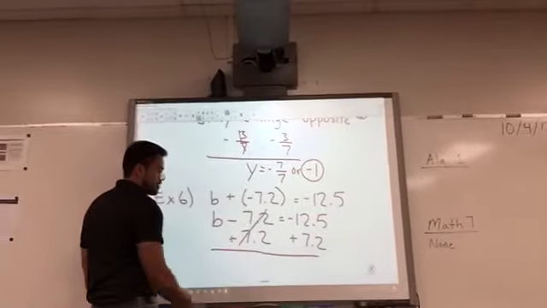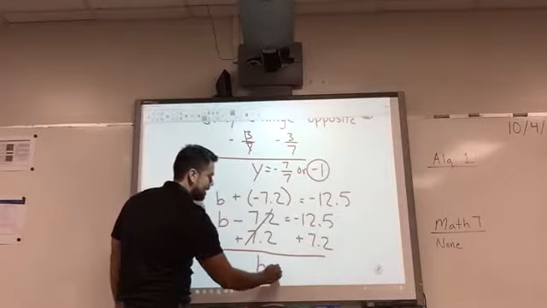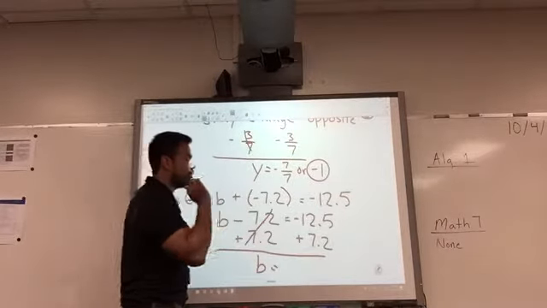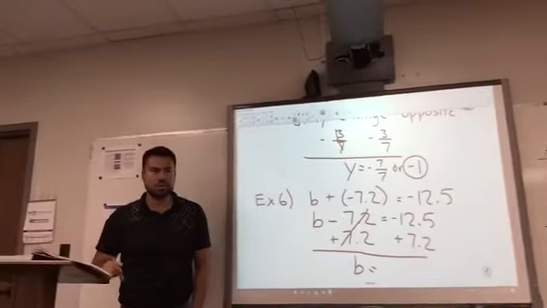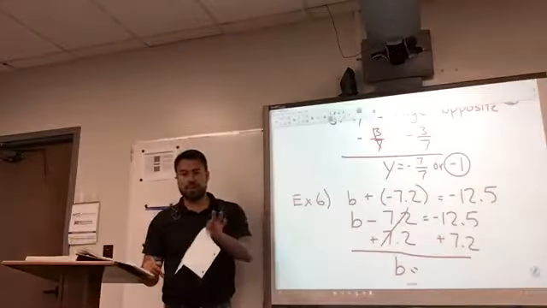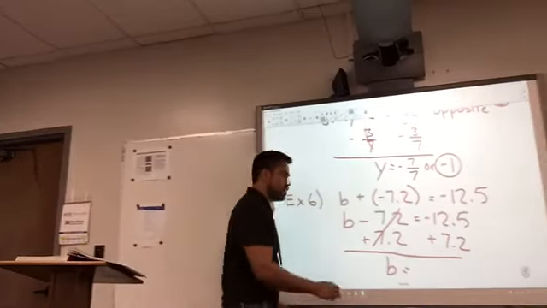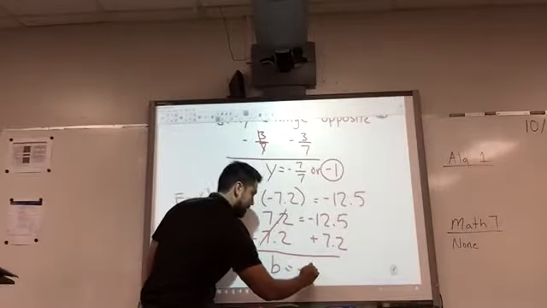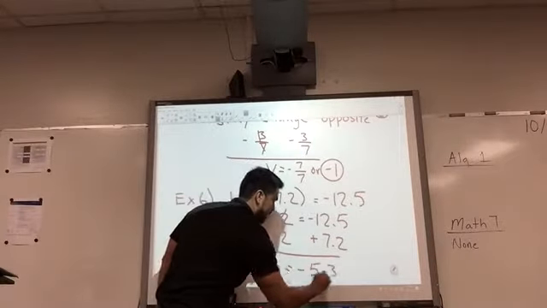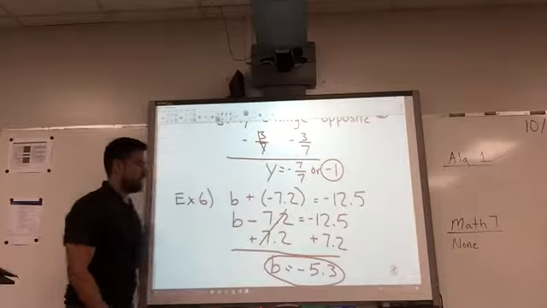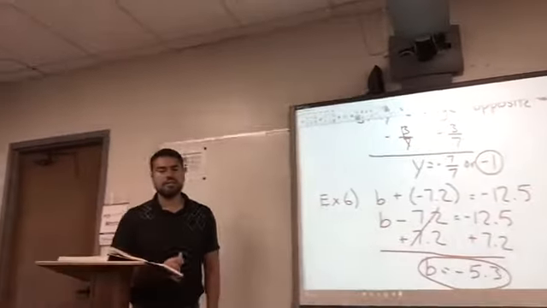And those would cancel each other out. And I'm left with b equals, and then what's negative 12.5 plus 7.2? You have opposites being added, so you're going to get negative 5.3. You see how that works?